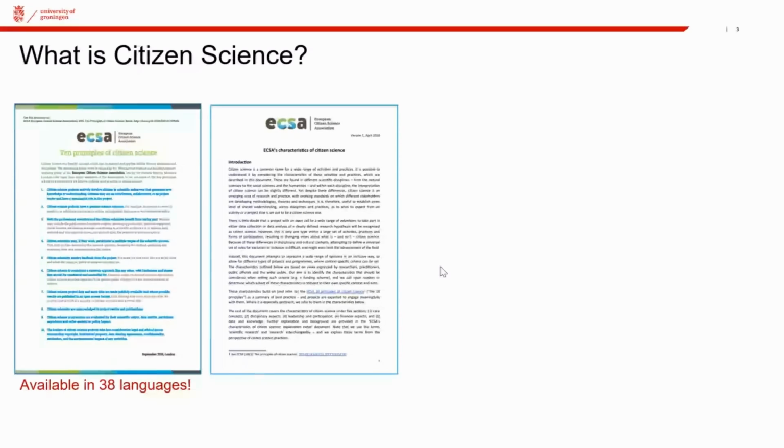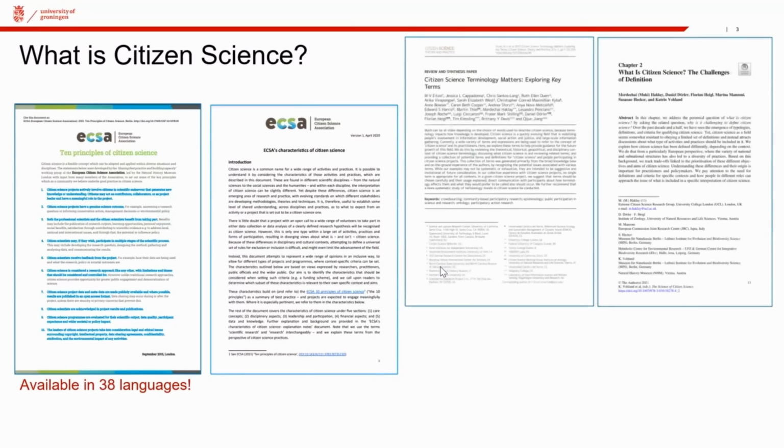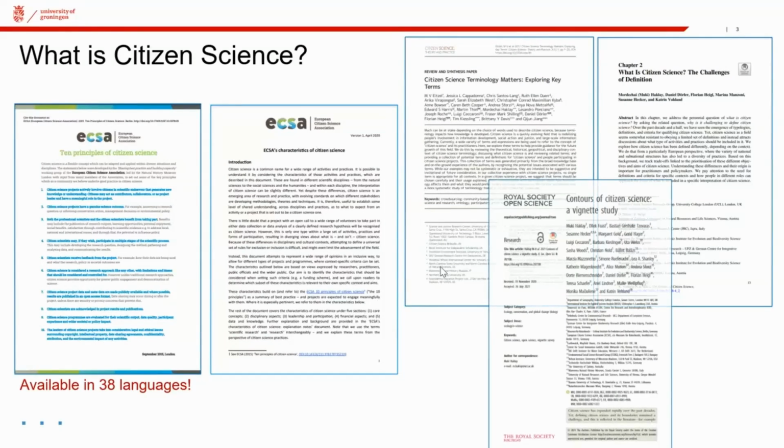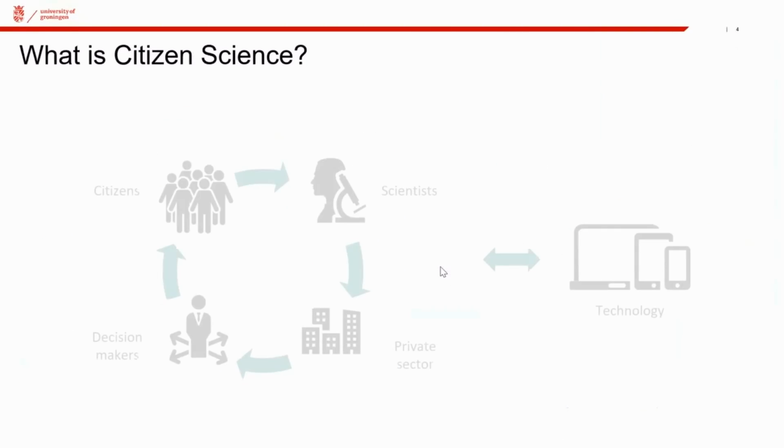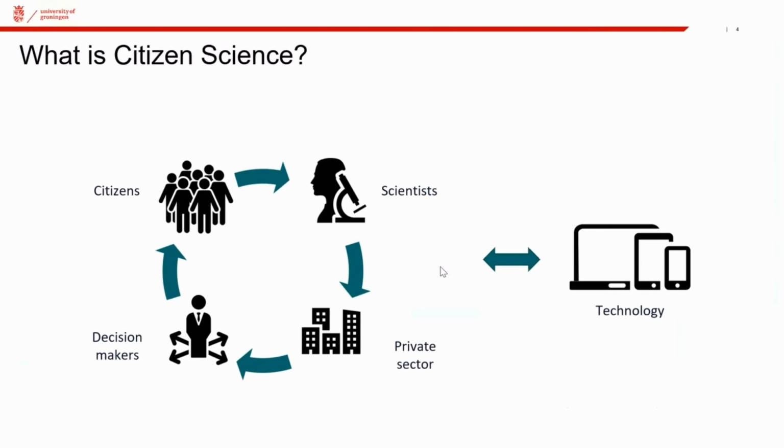There have been efforts to characterize the field of citizen science. This is an example from 2020 where ECSA worked on characteristics of citizen science. There has been work on how to define different aspects of the field. And also more recently, perhaps, this publication on the contours of citizen science. But all in all, when we talk about the concept, we're basically talking about a collaboration.